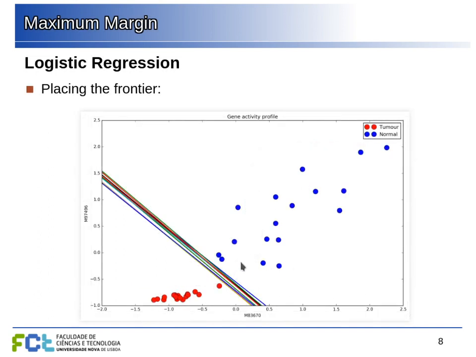So this means that we have some leeway, some looseness in the position of where the frontier is going to be placed, and we saw that this can exacerbate problems with overfitting, because now the frontier may be placed very close to one point, and we saw how we could, with regularization, help solve this problem a bit.